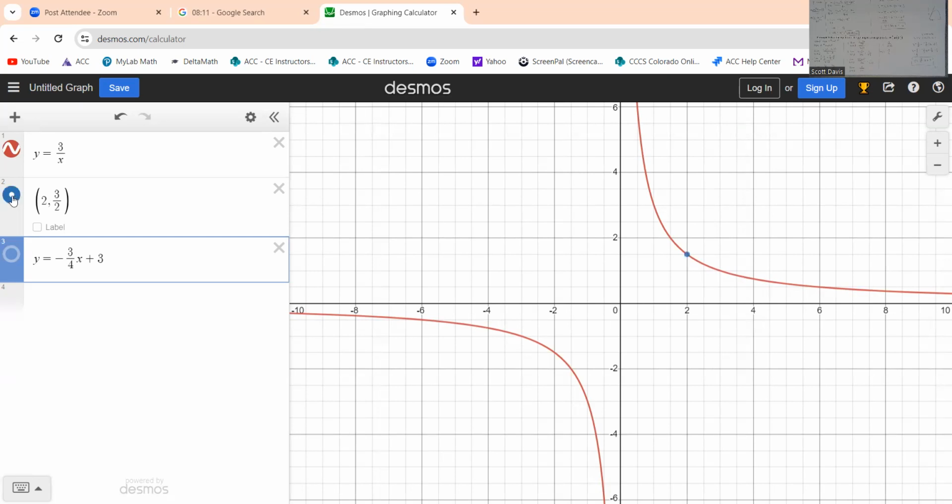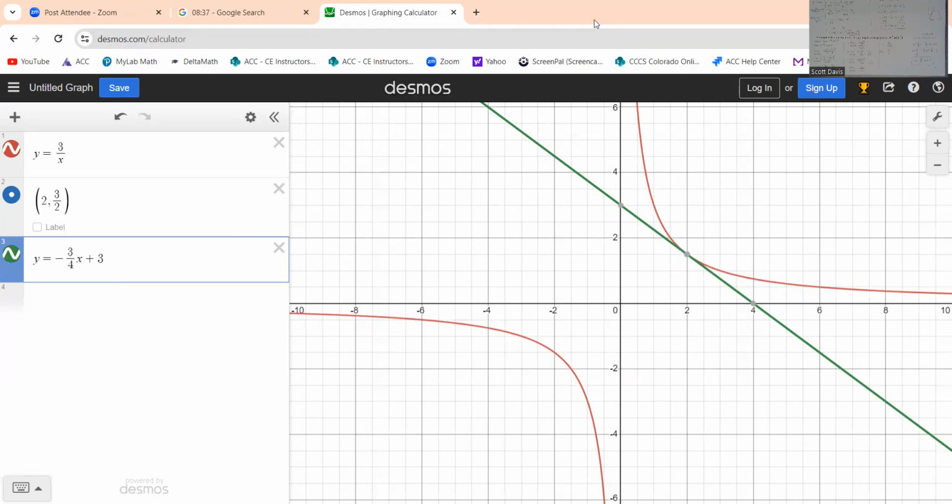Here's our coordinate, so there's our 2, 3/2. And then what we're trying to find is this equation, which is what we just found, our linear tangent line. If we did this right, it should pass through, have this negative slope, which I agree, and then it should just be grazing through that. So there's a nice way to check to make sure everything did what it was supposed to do.